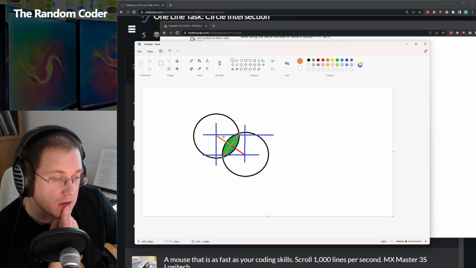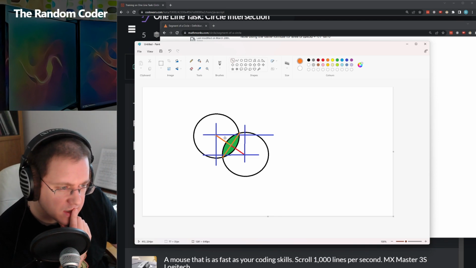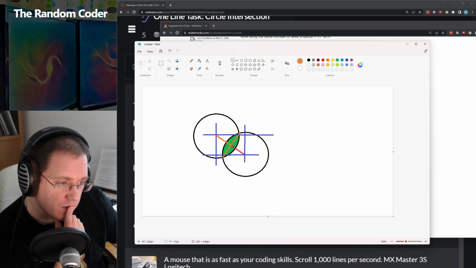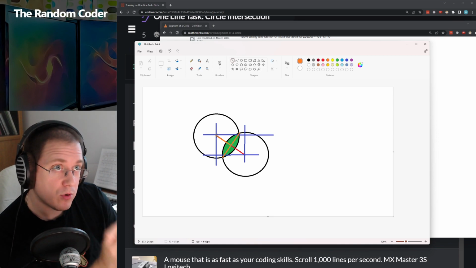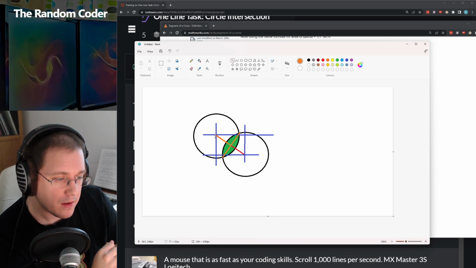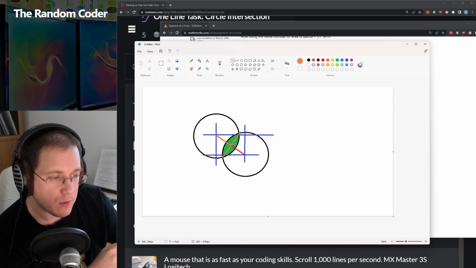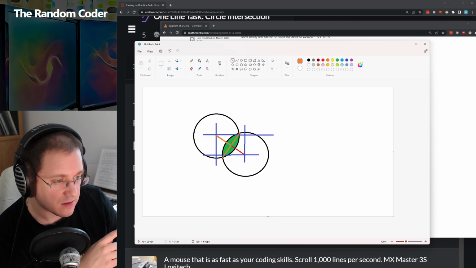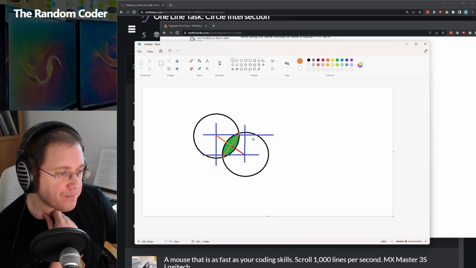So if we do the inverse cosine of this as a proportion of r, that will give us some value between 0 and 1, which will be the cosine of this angle. So if we do the arc sine of this distance, that will give us the angle.